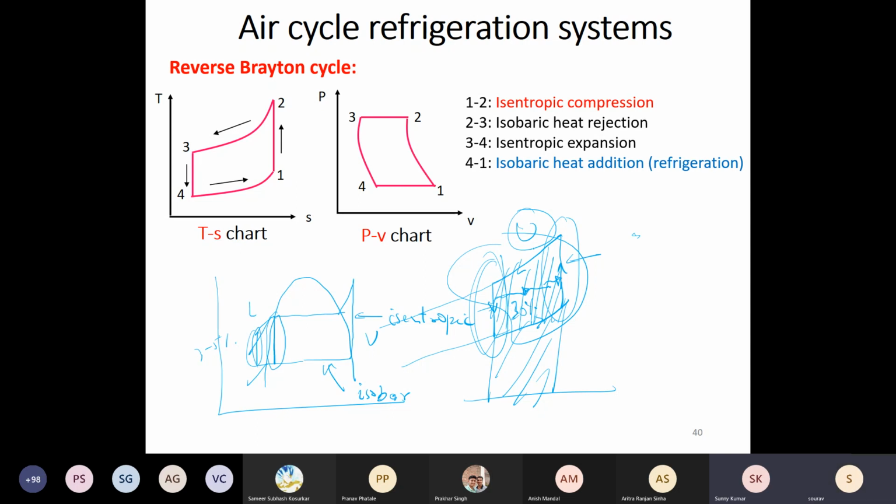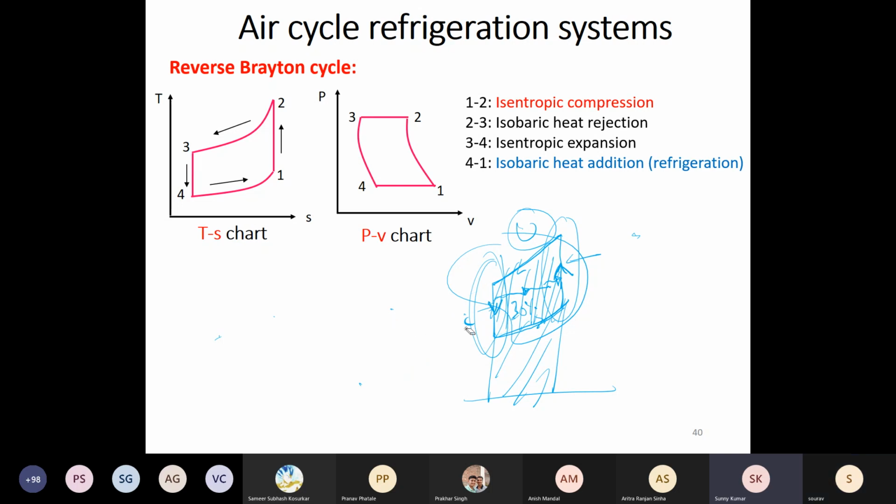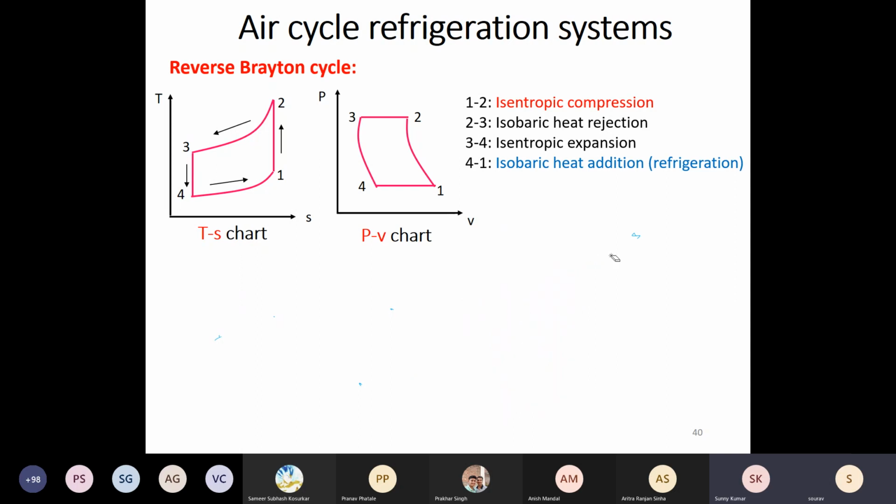We keep it as it is. So this is the idea behind the reverse Brayton cycle. Rest of the processes are the same. Isobaric heat absorption, isobaric heat rejection, isentropic compression, isentropic expansion. Now, I will not go into the details of deriving what the COP of this is. These things you should have done in your thermodynamics class.